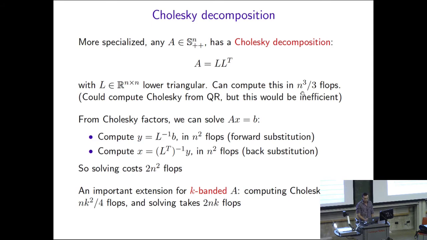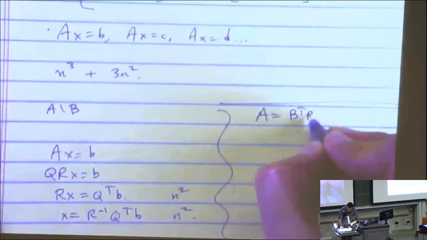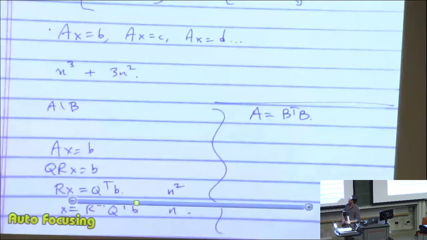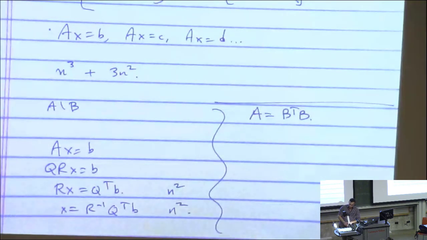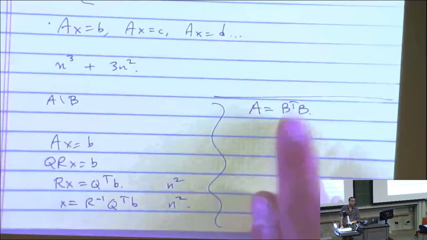I claim you could also compute a Cholesky from a QR, but that would just be silly. Why could you? Let's suppose I told you that A was B transpose B. I gave you that form of A. It's symmetric and positive definite, so I can write it like this.